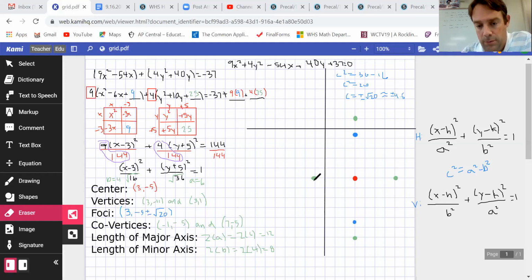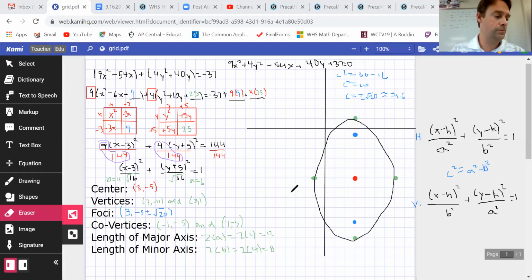All right. And we play connect the dots, friends. It's a bigger one here. There's our ellipse. Hopefully not too shabby on that. Okay, hopefully not too bad at all.